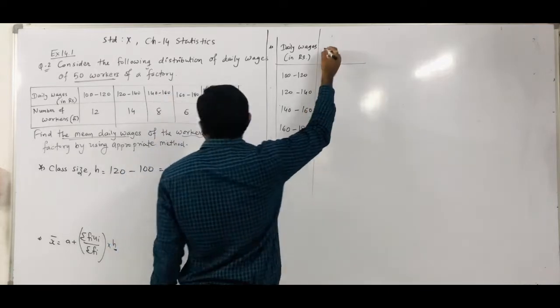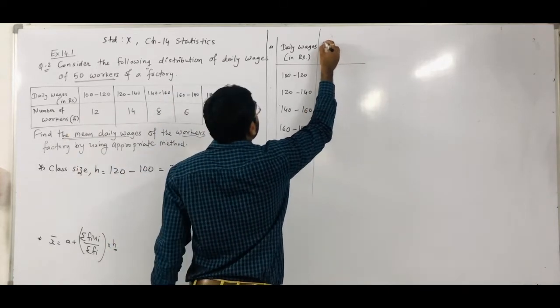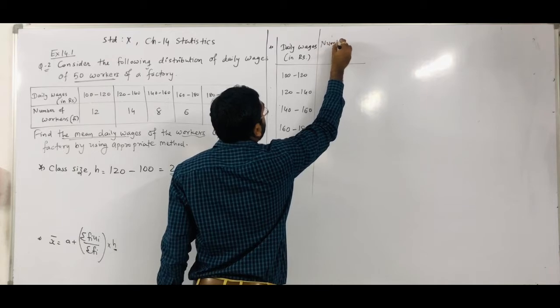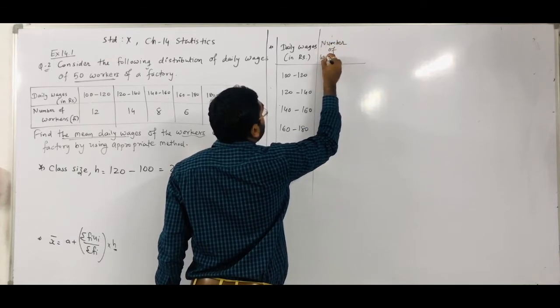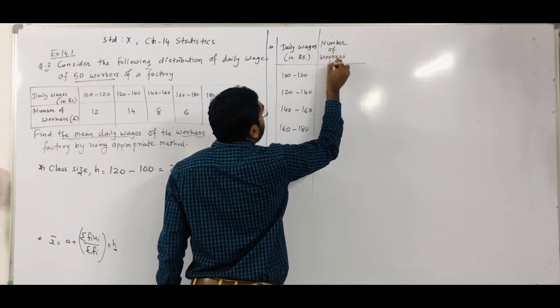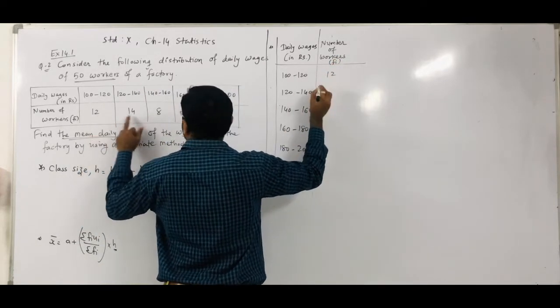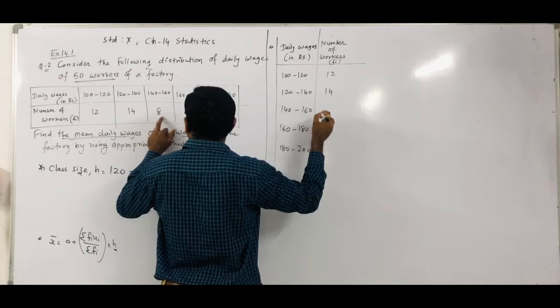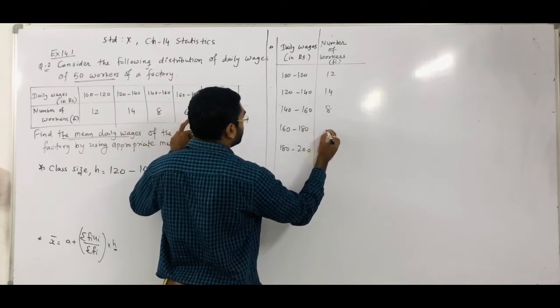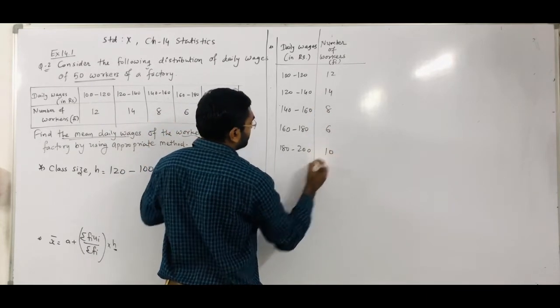Then here we have to write the number of workers, means frequency, fi. First class frequency is 12, second class frequency is 14, 8, 6 and 10.